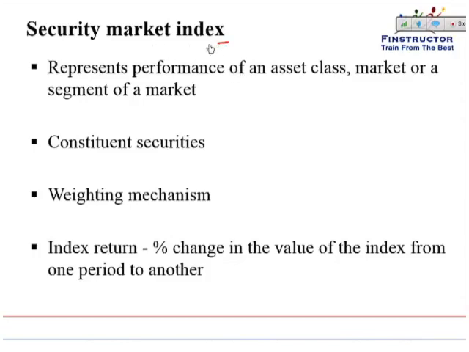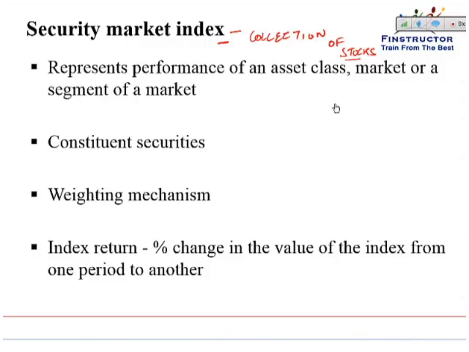Now, essentially, any index is basically a collection of stocks. So it's some securities or some stocks. For example, an equity market index would be a collection of stocks weighted in a particular manner.